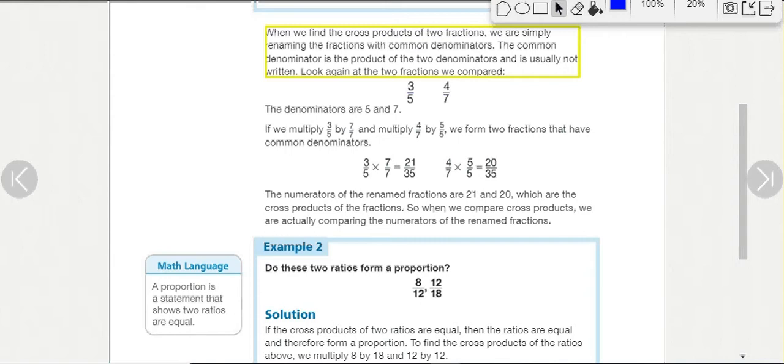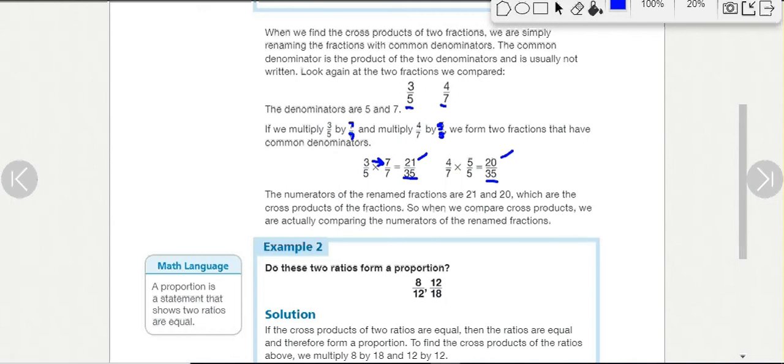Look again at the fractions we compared. The denominators 5 and 7, right? 5 and 7. And if we multiply 3/5 by 7/7 and 4/7 by 5/5, we form two fractions that have common denominators. They have 35 as the denominator, and as a result we need to find the numerators that we can compare.